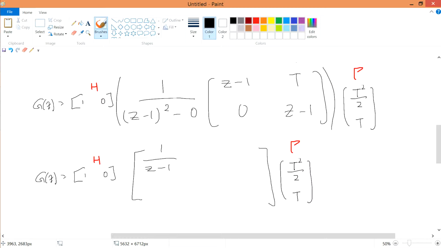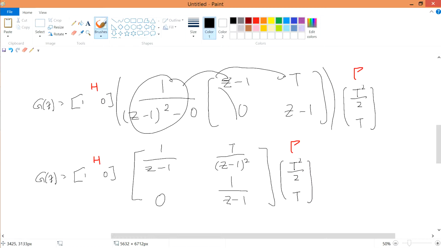Then t times 1 over z minus 1 squared, I would have this thing. This thing times 0 gives 0, and z minus 1 times 1 over z minus 1 squared gives 1 over z minus 1 also. I'm simply multiplying the constant inside all of them. If you don't know what I'm doing, I'm just doing simply that.